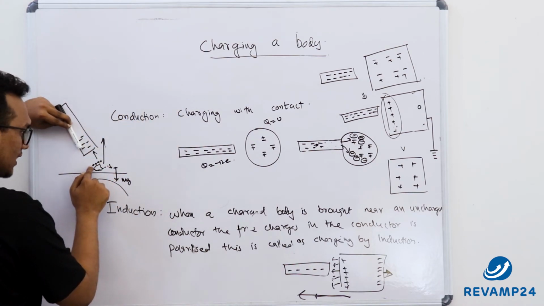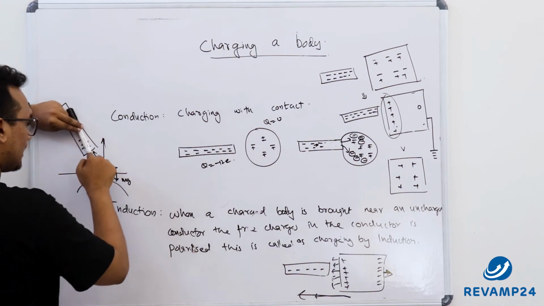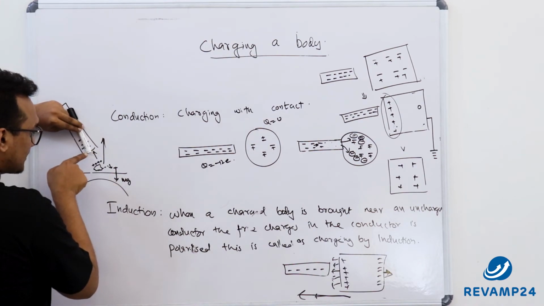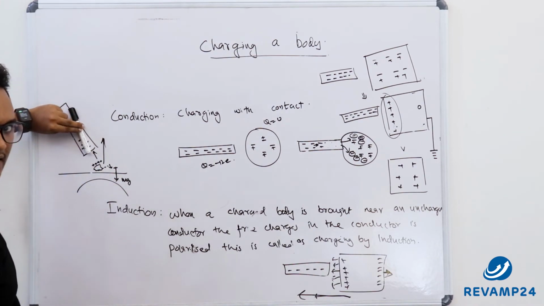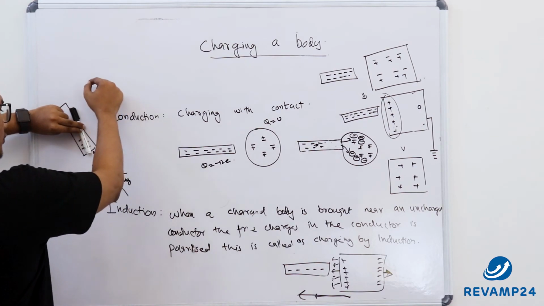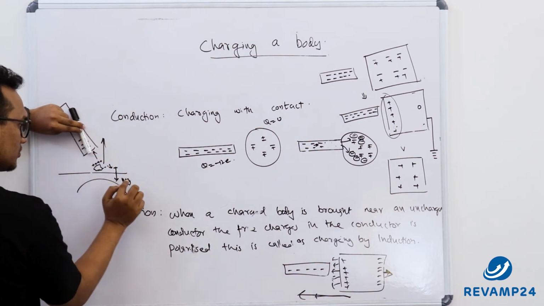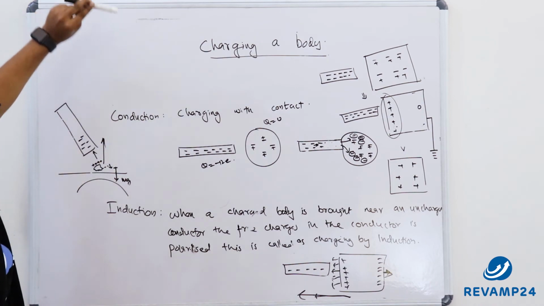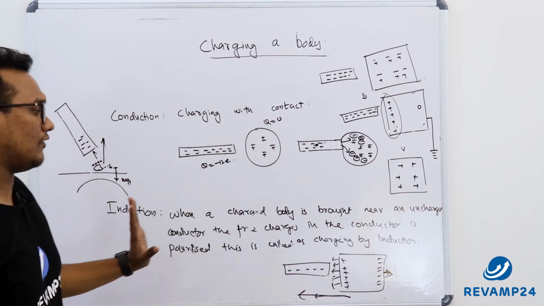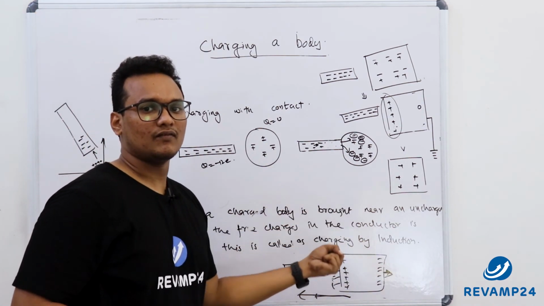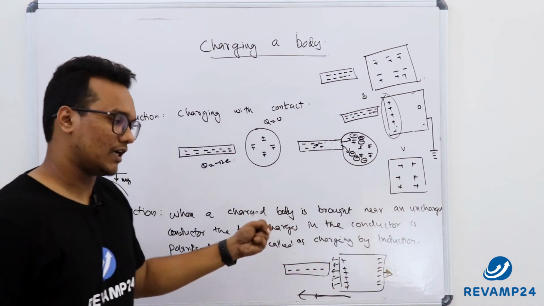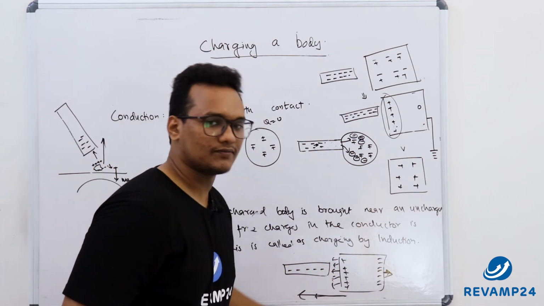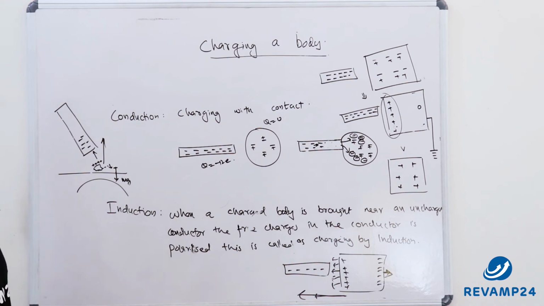We have positive charge here, negative charge here. This will attract with higher force as compared to the repulsive force between negative and negative. So there is a net upward force, and when this net force overcomes mg, the paper will be lifted. Okay, so in every case there will be charge, but will the charge be able to make a motion? That purely depends on, in this case, the frictional force, and in this case, the gravitational force.